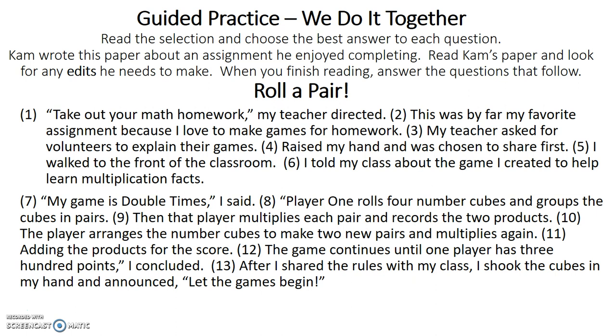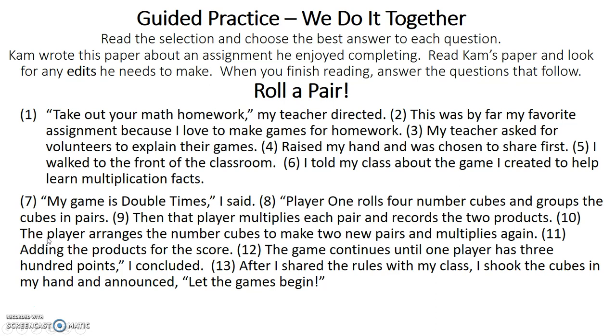Let's go to sentence 3. Which transition word could best be added before the words "the player" in sentence 10 to improve the flow of the paper? So we're looking for the best transition word that could be added before the words "the player" in sentence 10. Sentence 10 begins with the player.